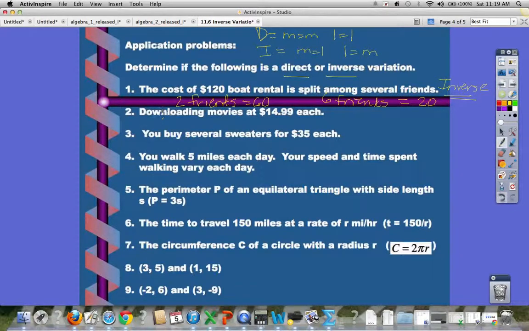Now, this one says downloading music or movies at $14.99 each. Okay? Each movie is this, and we're downloading X number of movies. It doesn't matter. There's still going to be $14.99 each. Whether I download 20 or 1, it's $14.99 each. So this would be a direct variation.